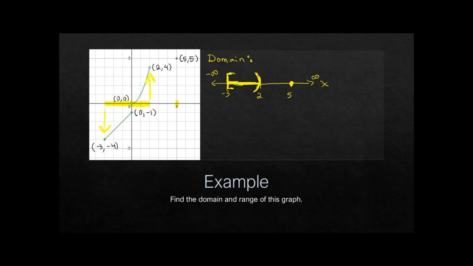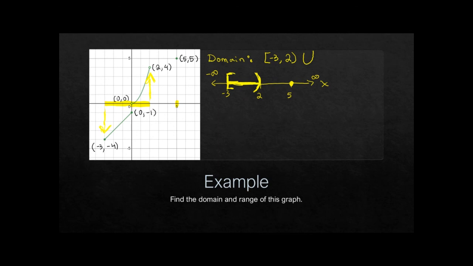So I have two sections here. I have a section from -3 to 2, and then a dot at 5. When we write this, this is one of those situations where I said you may combine your interval notation with a roster notation. We read it from left to right. So I have -3 to 2. And then when I have to combine it with something, that's where we use that union symbol that we learned about.